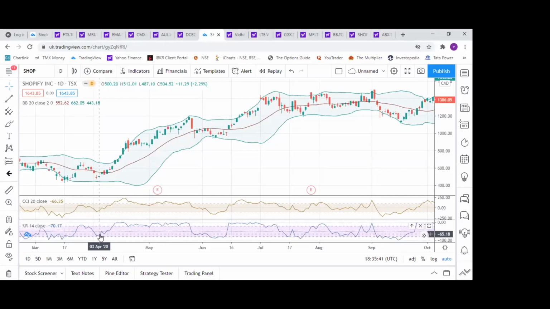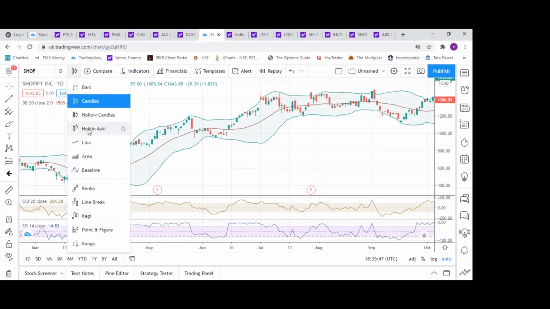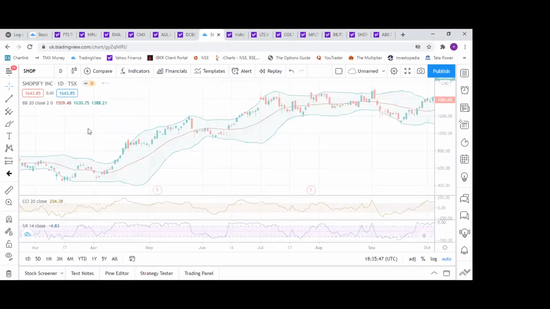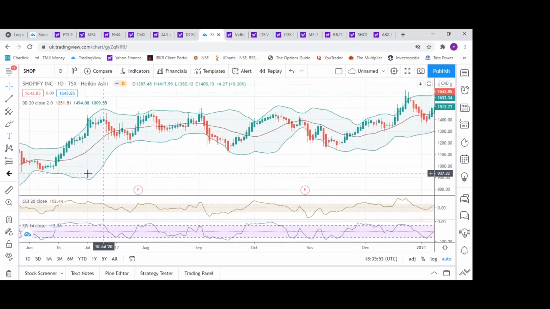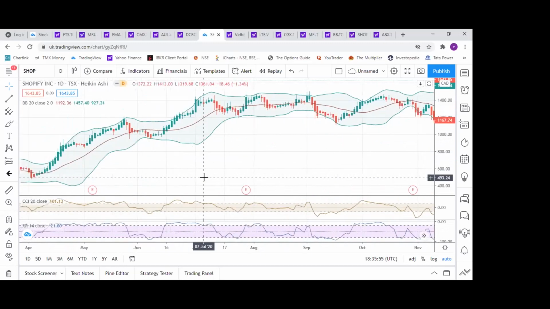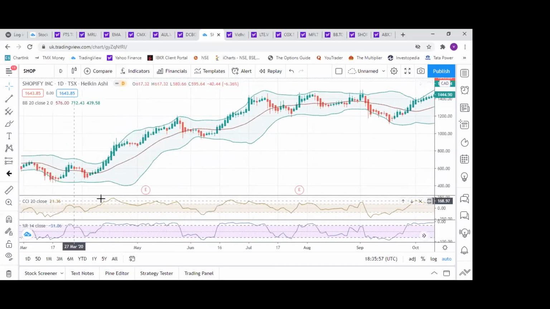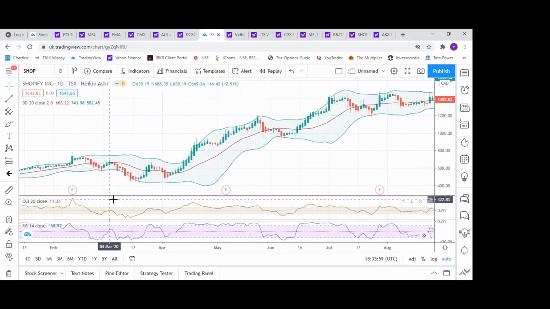Now, normally we use candlesticks. What I do is, I use Heikin Ashi. Heikin Ashi candlesticks are slightly different and much better. Why? I'll tell you. We were on April, 2nd and 3rd April. 3rd is a green candle.